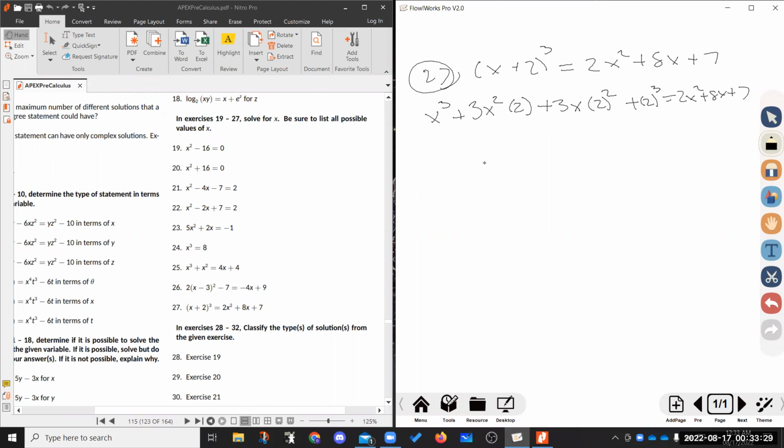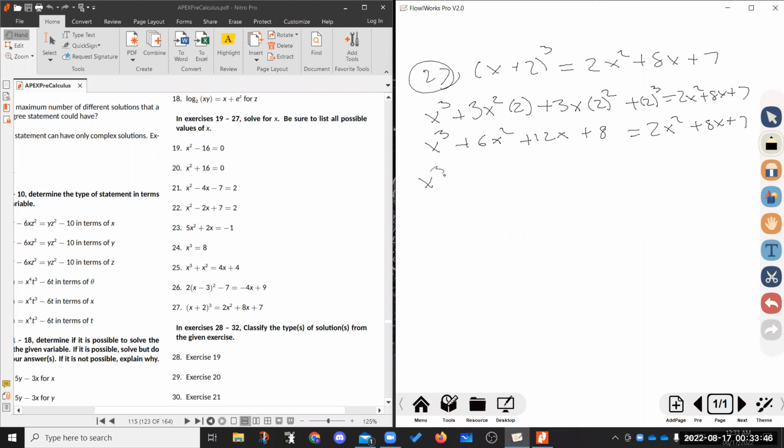This is off of Pascal's triangle that I showed you earlier. x to the third plus 6x squared. 4 and 3 makes 12x. That's 8. 2x squared plus 8x plus 7.